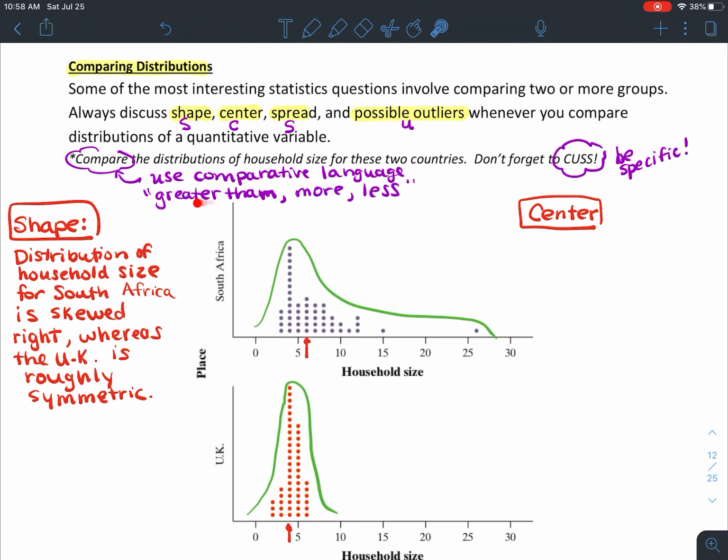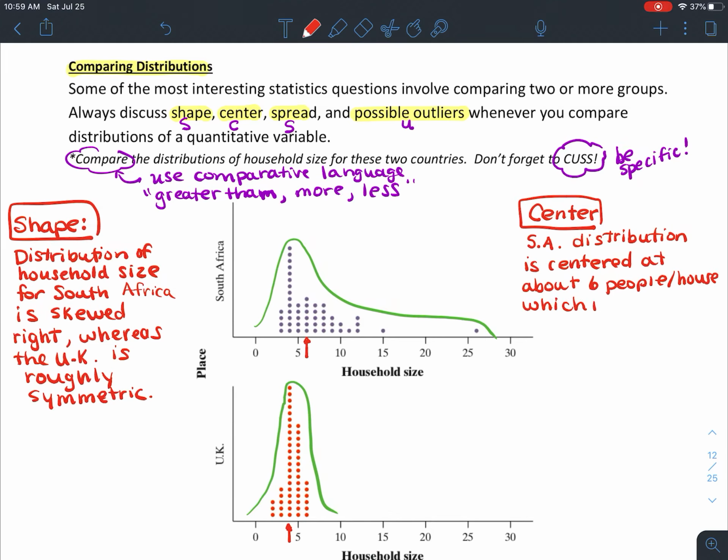So I'm thinking, using my comparative language, that the number of people living in a house in South Africa, the center, is greater than the center for the UK. So I'm going to say SA for South Africa. The South Africa distribution is centered at, I'm going to put the word about here, at about 6, and then here's me being specific and using context, at about 6 people per house, which is higher.